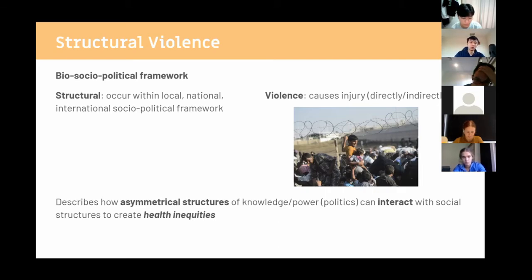And then there's obviously violence because it causes an injury, directly or indirectly. So basically, structural violence describes how asymmetrical structures of knowledge and power and politics can interact with the social structures to create health inequities. A good example would be refugees or people from war zones.